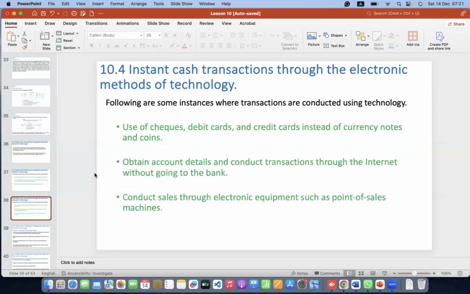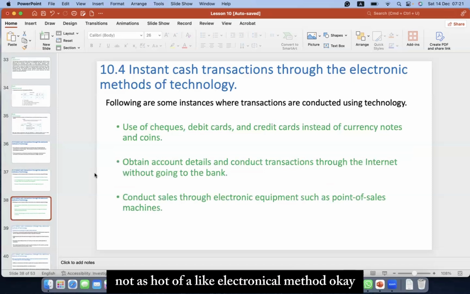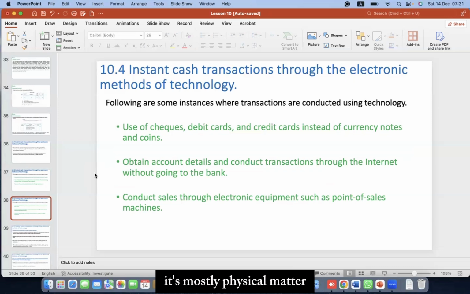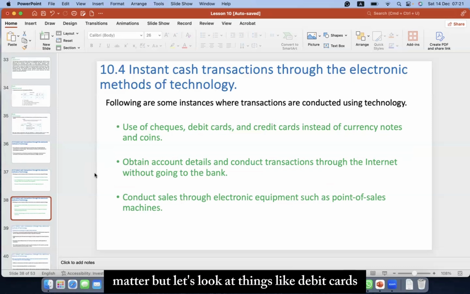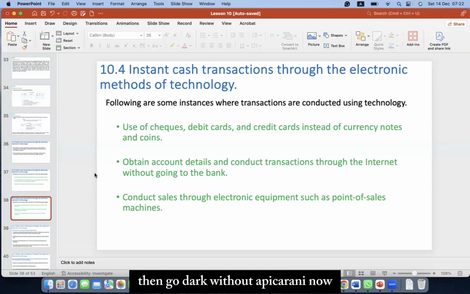Likewise, okay? And then using checks is not really an electronical method, okay? It's mostly a physical method, but let's look at things like debit cards, credit cards. Instead of currency notes and coins, we are using them frequently. Then ගොඩාක් වෙලාවට අපි කරන්නේ now today it has gone even more than this.